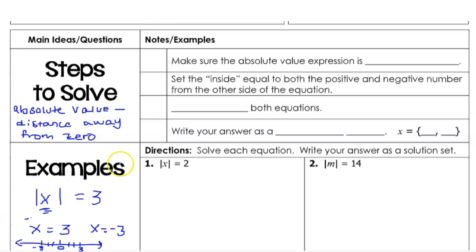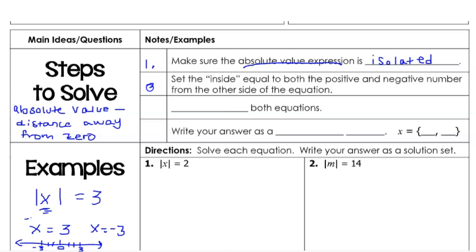And so for that reason, we are going to do these steps in order to solve for an absolute value. Your first step is to make sure the absolute value expression is isolated. Isolated means that it is by itself. Just like we want x by itself, we want to make sure the absolute value expression is by itself.